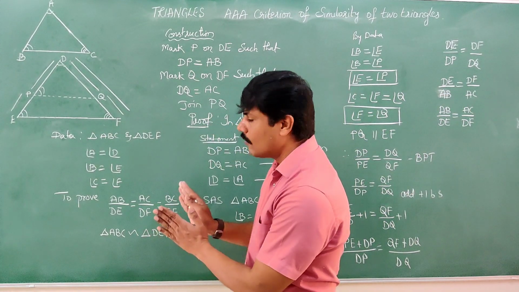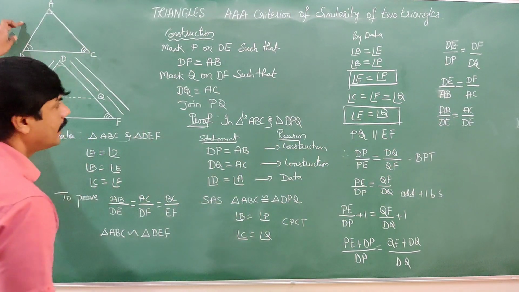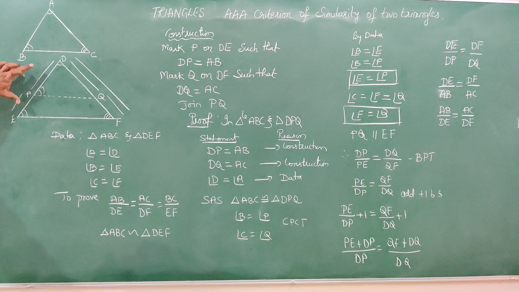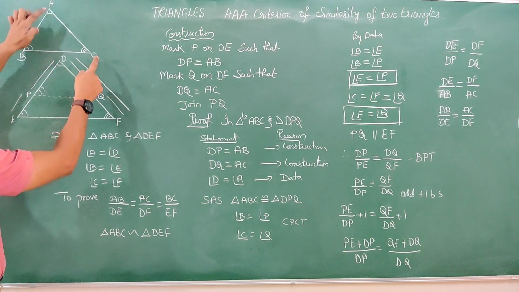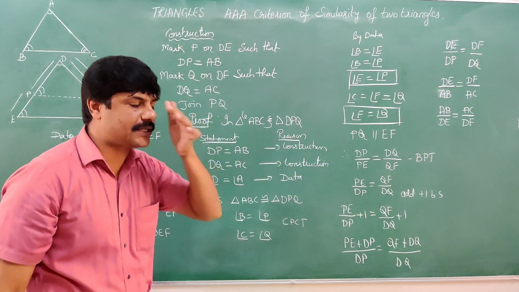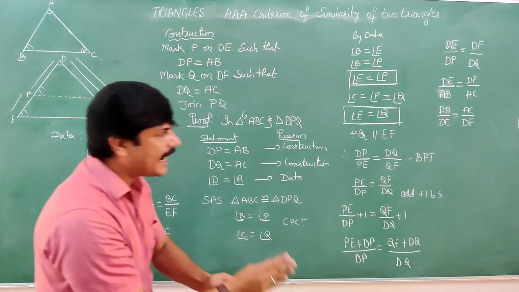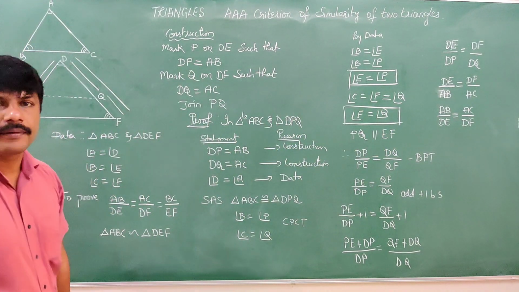Now see what we have got. AB by DE is equal to AC by DF. AB and DE are the corresponding sides, and if taken in a ratio, that is becoming equal to AC and DF.